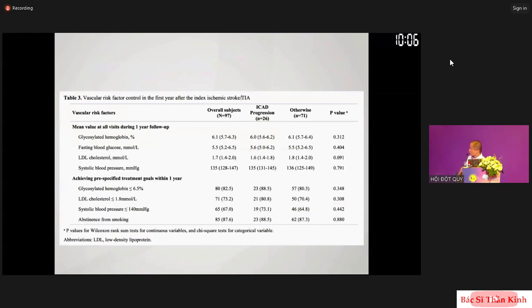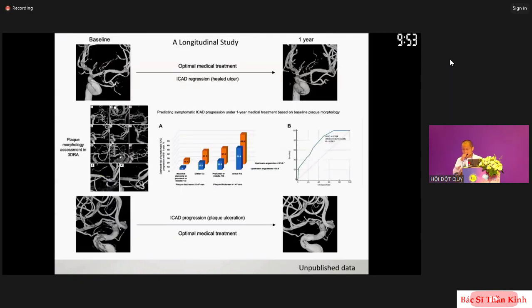So overall, if you see the risk factor control between patients with ICAD progression or without ICAD progression, they're actually very comparable, despite the same goals of treatment. So there are three important morphometric parameters that may predict clinical relapse and predict ICAD plaque progression.